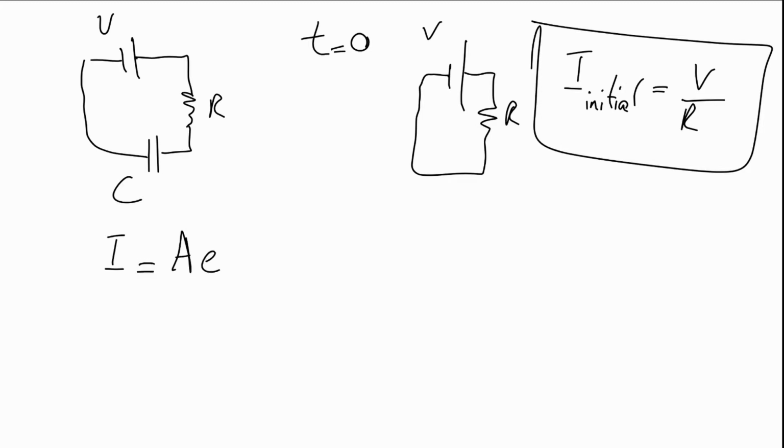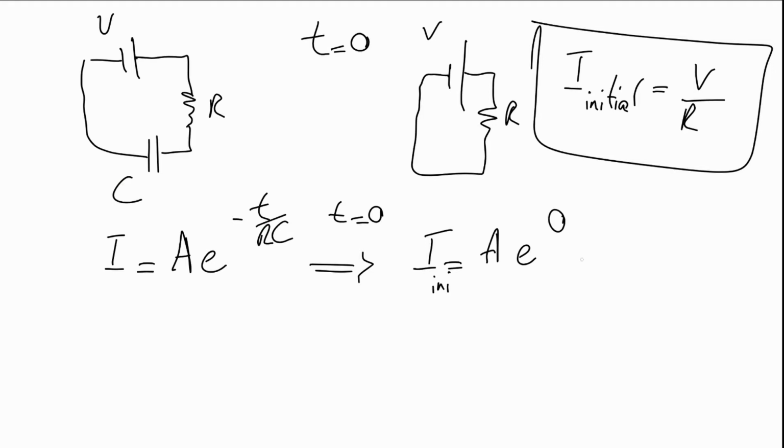The formula that we have written is that I equals A multiplied by e to the power of minus t over RC. So what if we give t equals 0? Then we would find out that I initial equals A times e to the power of 0.